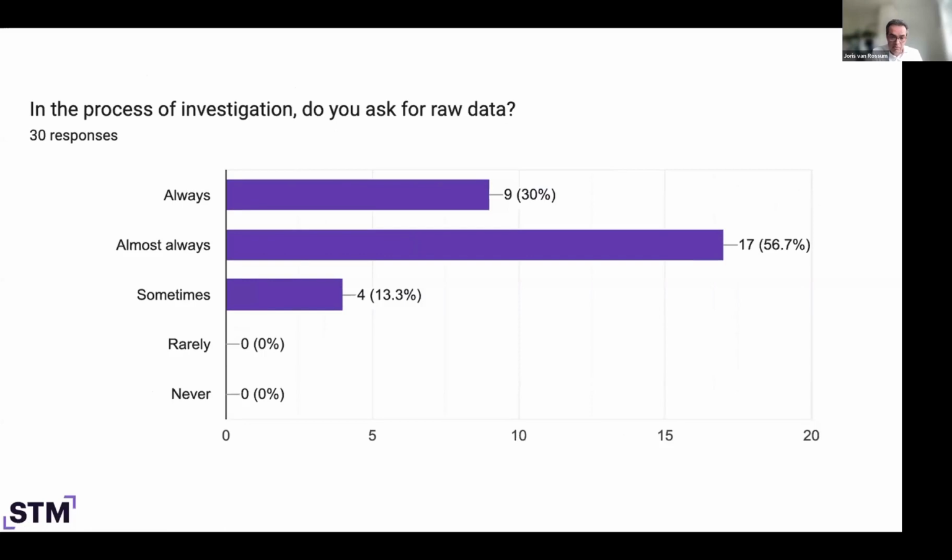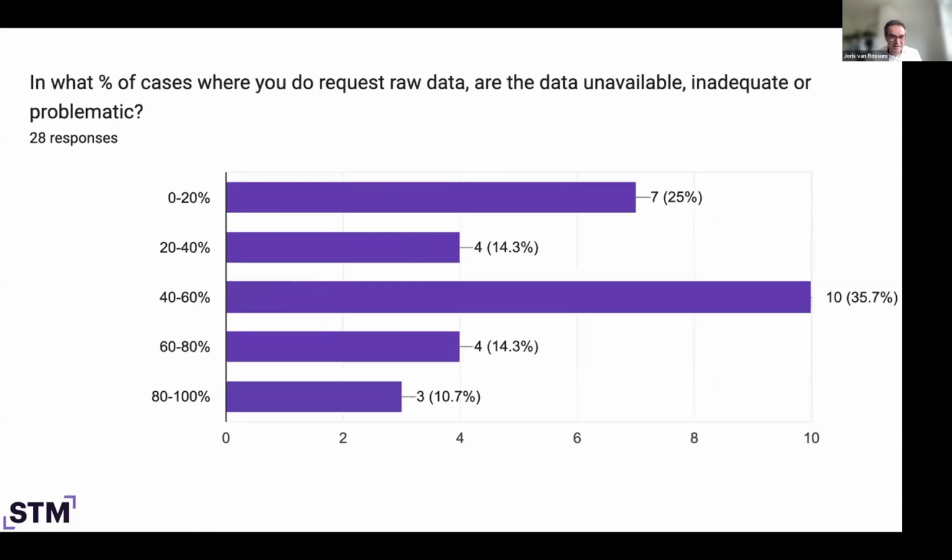Raw data came up frequently in the discussions today. So that is almost always. In what % of cases do you request raw data? When you ask for raw data, is this data unavailable, inadequate, or problematic? Distribution here.